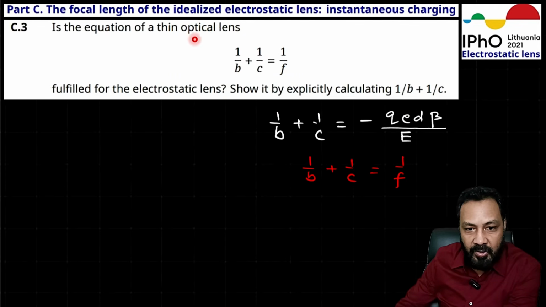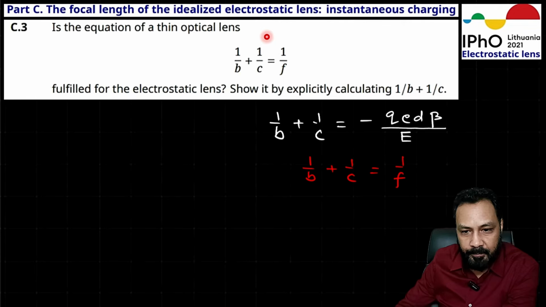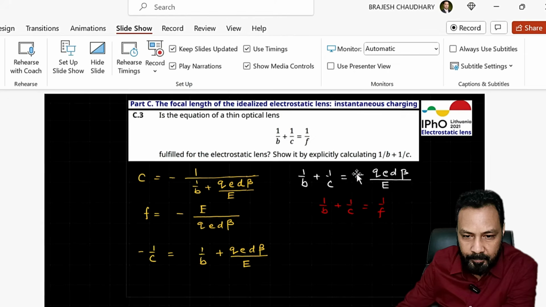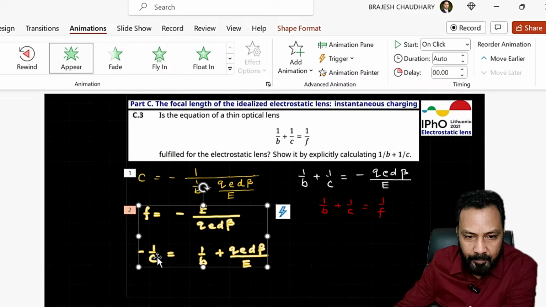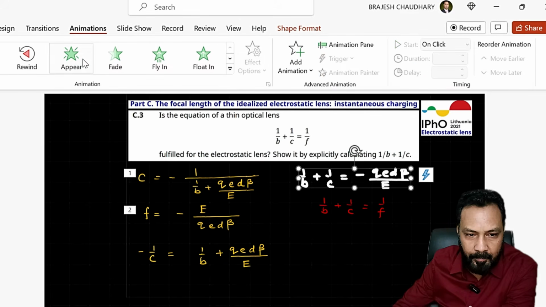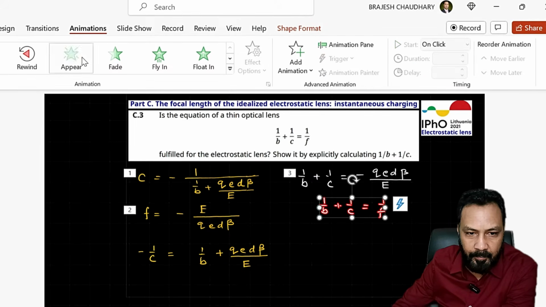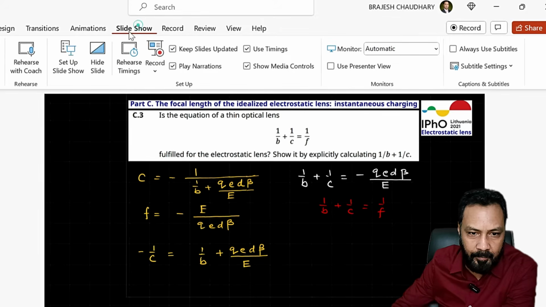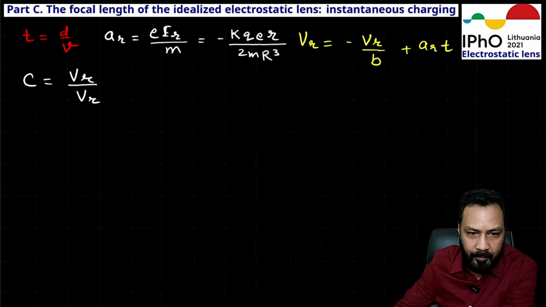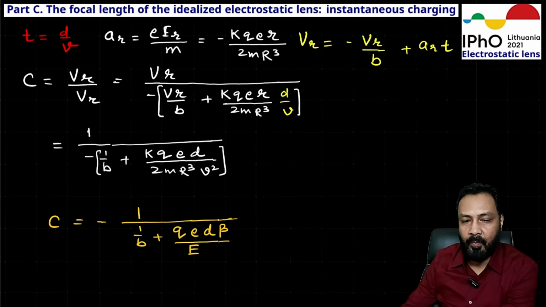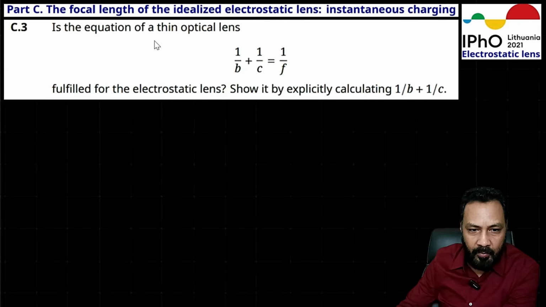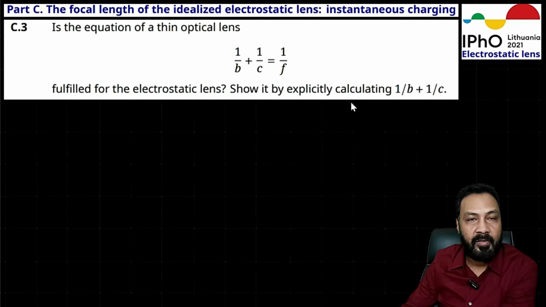So now, is the equation of a thin lens, 1 by b plus 1 by c is equal to 1 by f, fulfilled by this electrostatic lens?